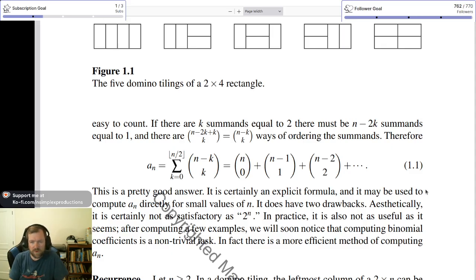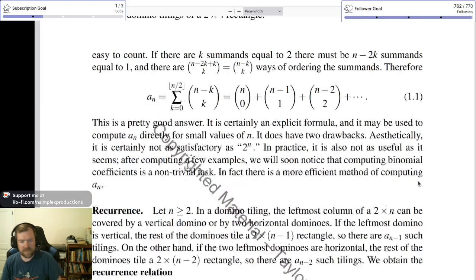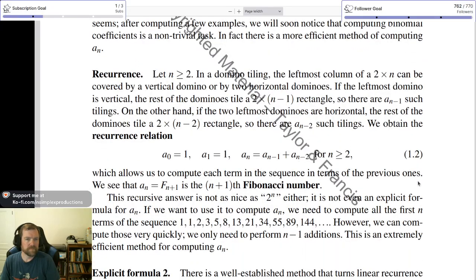In fact, there is a more efficient method of computing a sub n. Let n be greater than or equal to 2. In a domino tiling, the leftmost column of a 2 by n rectangle can be covered by a vertical domino or by 2 horizontal dominoes. If the leftmost domino is vertical, the rest of the dominoes tile a 2 by n minus 1 rectangle. So there are a sub n minus 1 such tilings.